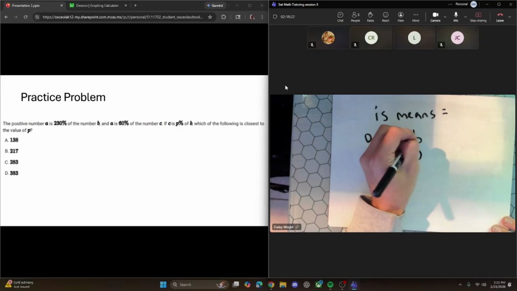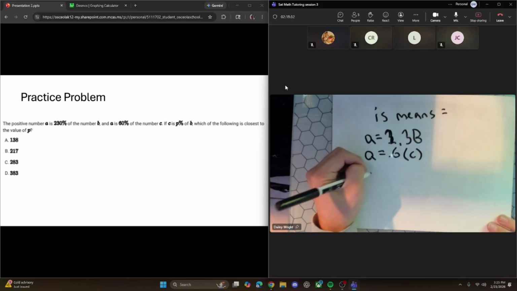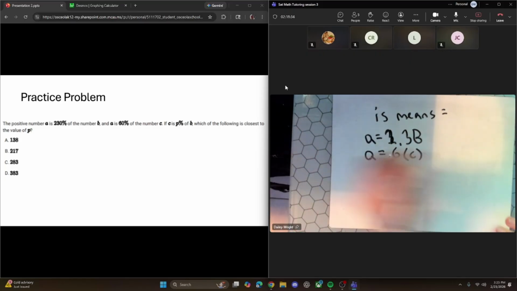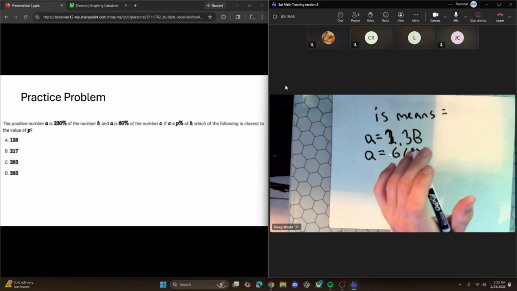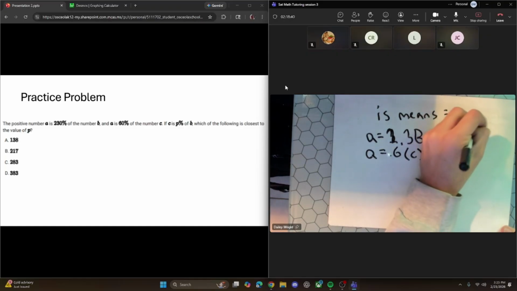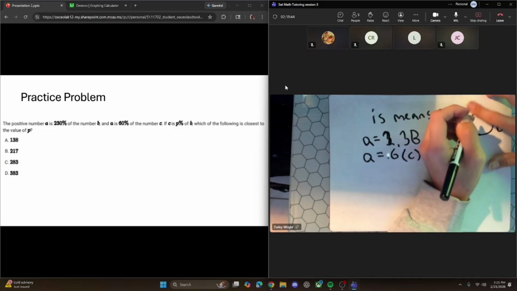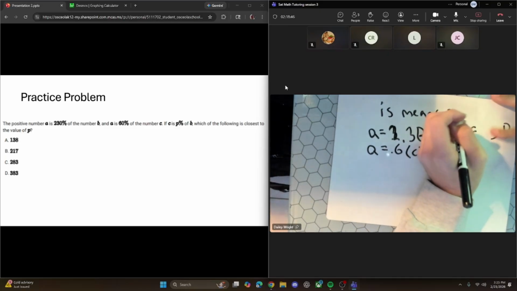I'm going to use a capital B for this because my B's and 6's are very close. If C is P% of B, this is what it's asking for. It's asking for the value of P, so we want to get C equals blank times B. We want to get it into this form.